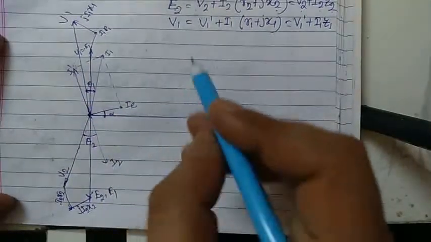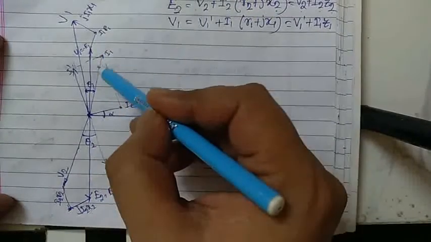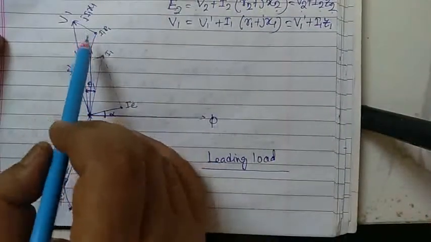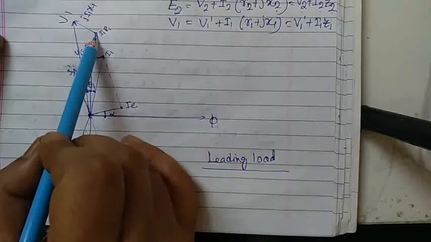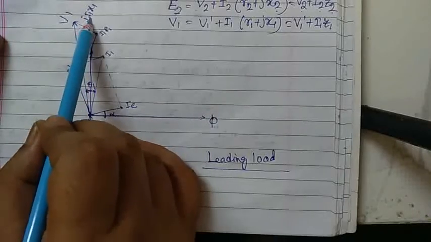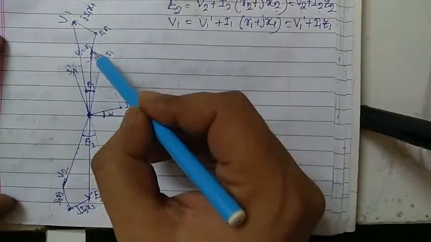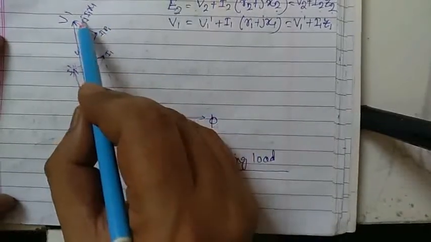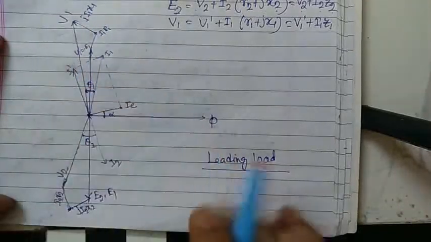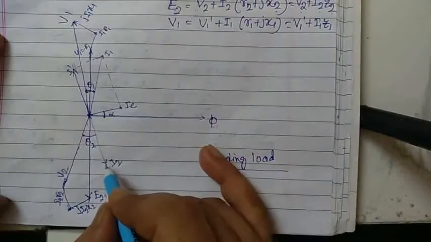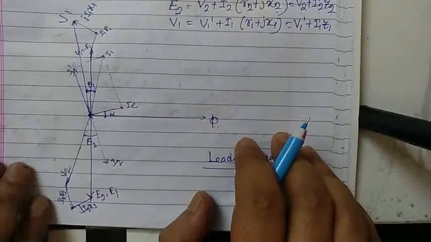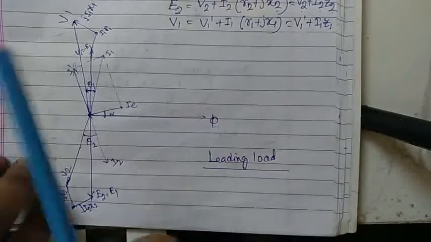Now the resistive drop I1 R1 is parallel to I1, and the inductive reactive drop, 90 degrees apart from it, is j I1 X1. The phasor sum of V1 dash, I1 R1 and j I1 X1 gives the total source voltage V1. Similarly, the secondary winding has the resistive drop I2 R2, parallel to I2, so taking parallel here.